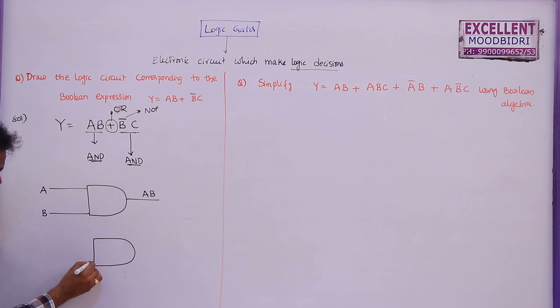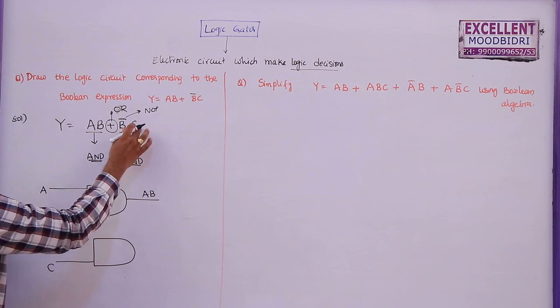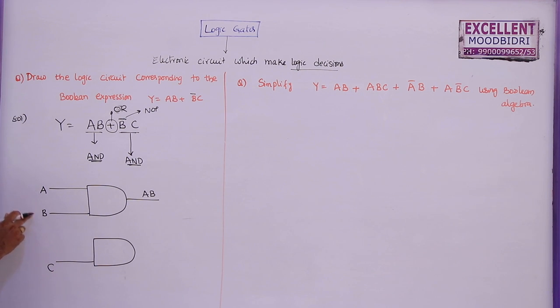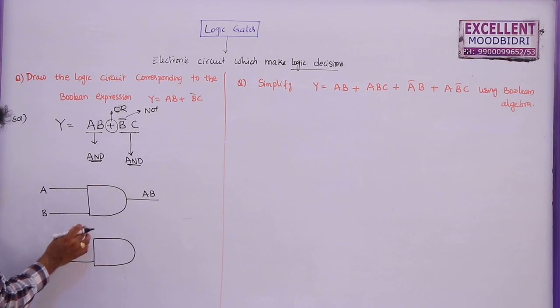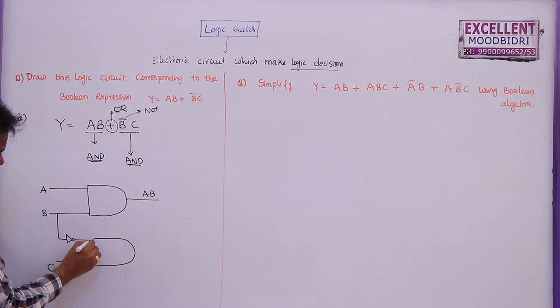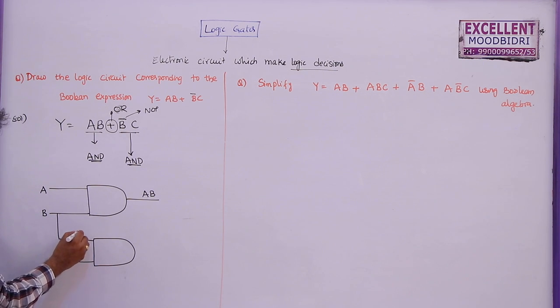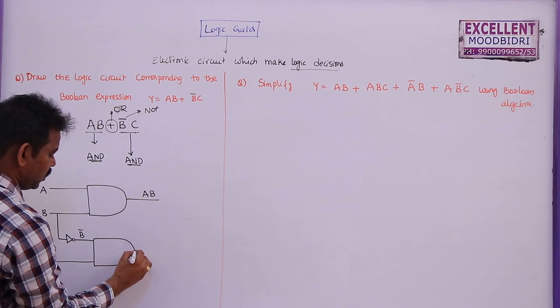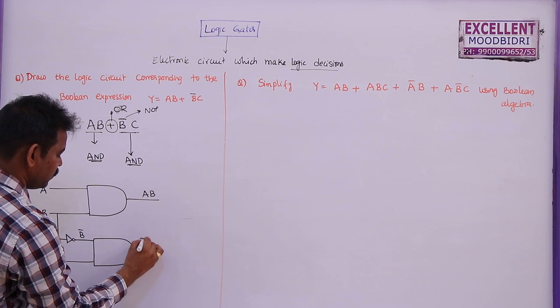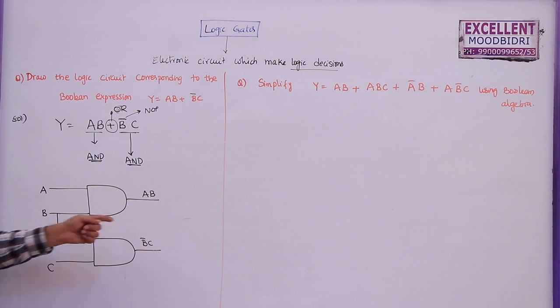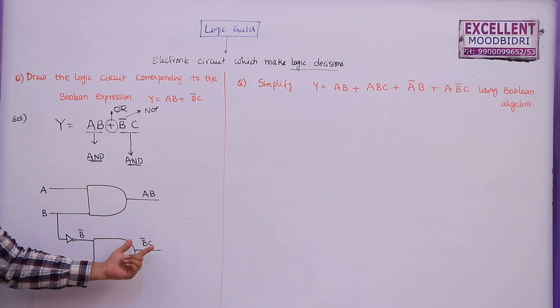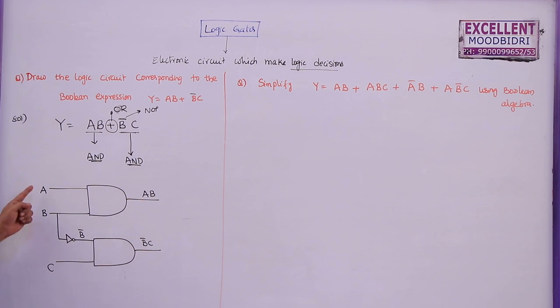This is another AND gate. And now one of the inputs is c here, which is not equal to a or b. But the input for this one is b bar. So I am going to draw one more NOT gate here. So this will be b, and through this one it will be b bar, and the output for this one will be b bar c. So I got this input as ab, I got this input as b bar c. From three inputs I got two outputs now.